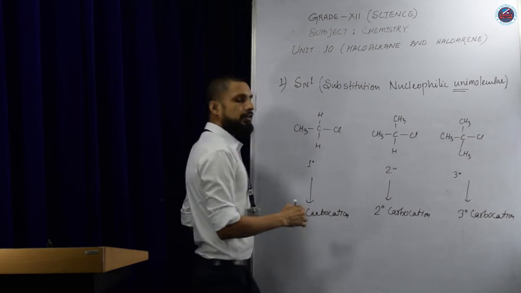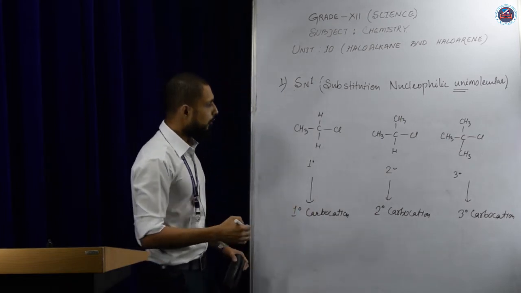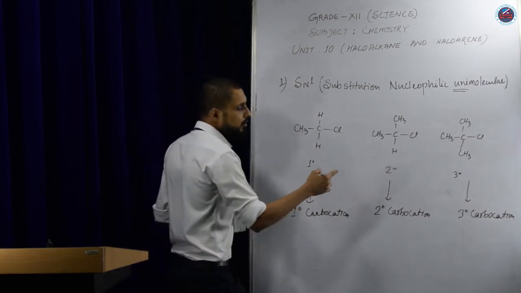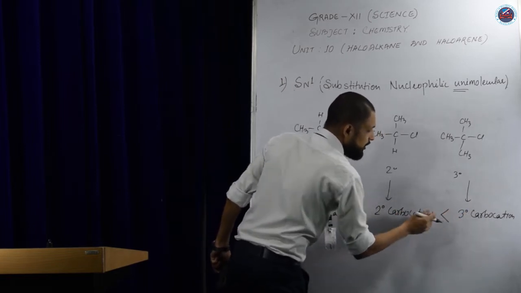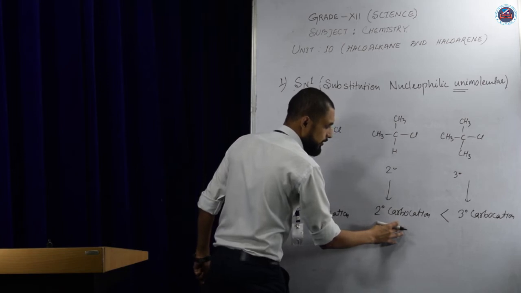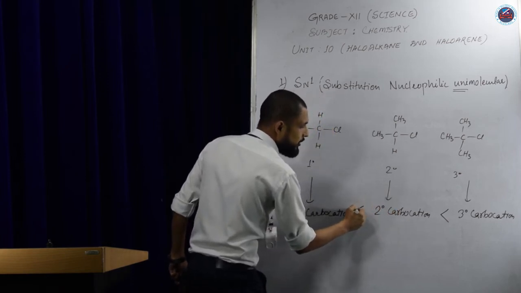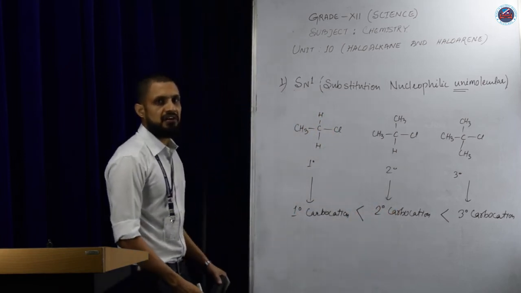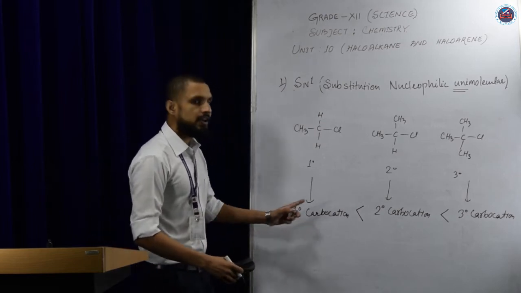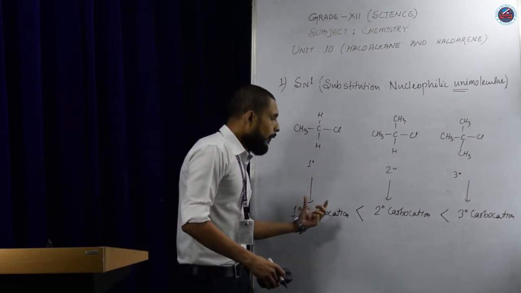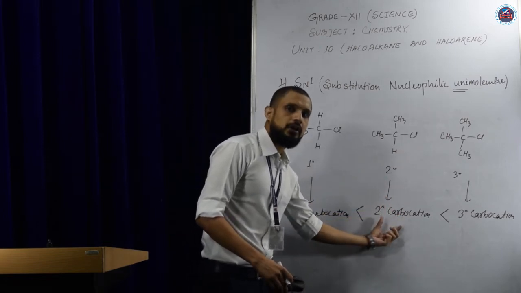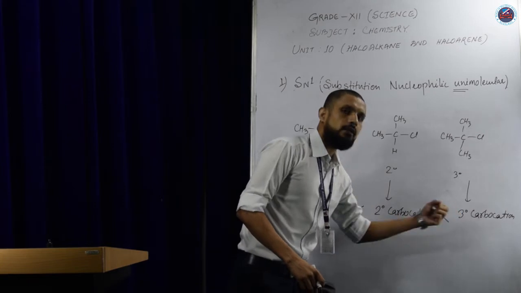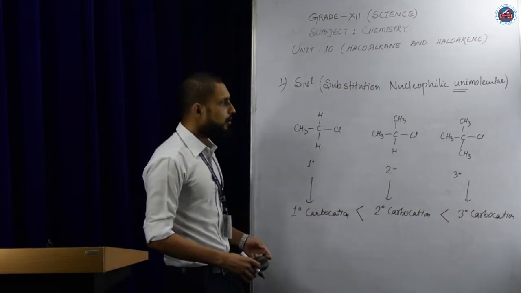Now if you compare the stability of carbocation, 3 degree carbocation is more stable than 2 degree carbocation, and 2 degree carbocation is more stable than 1 degree carbocation. So the stability order is 1 degree carbocation less stable than 2 degree carbocation less stable than 3 degree carbocation.